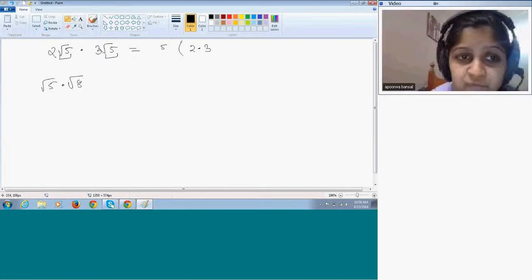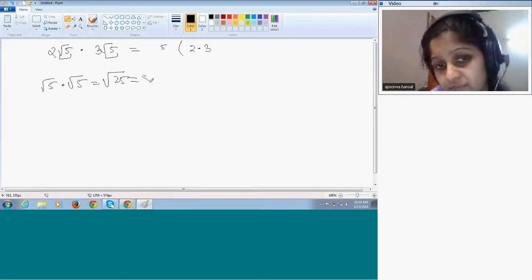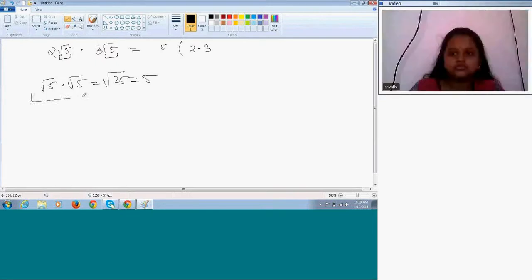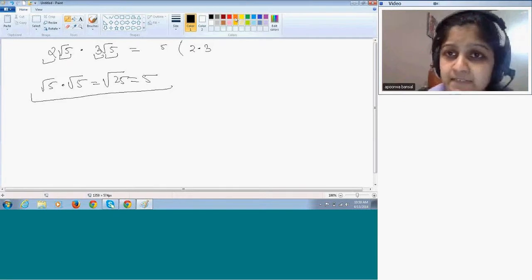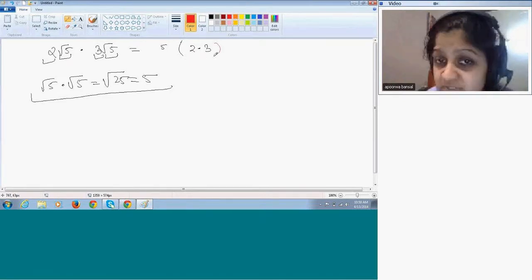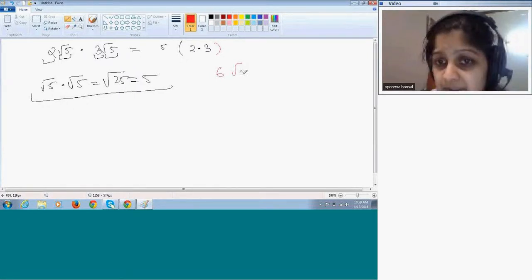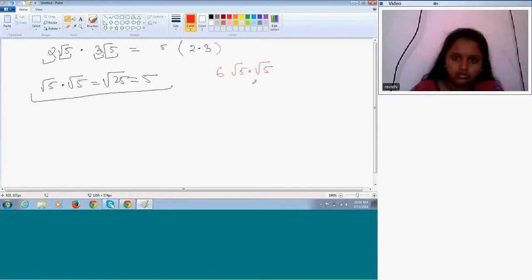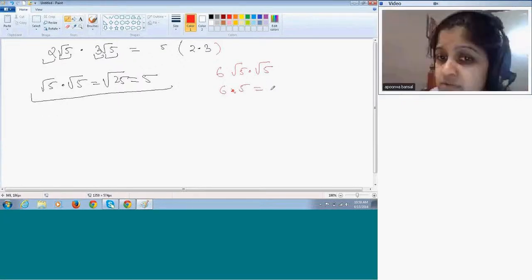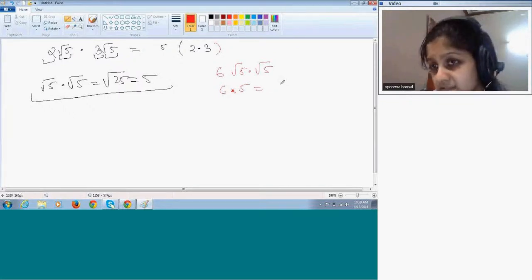So whole numbers get multiplied together, and the remaining root terms get multiplied, and it is 6 times 5 which is equal to 30. Okay.